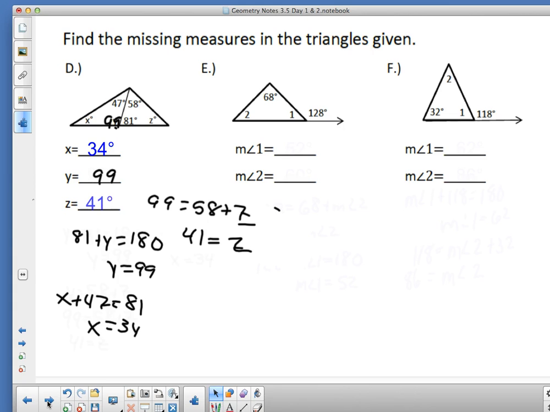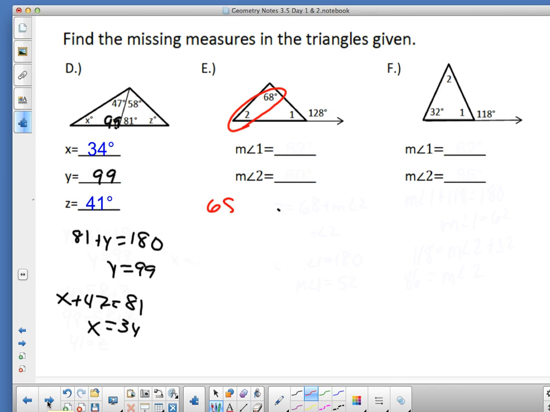Okay, so long way to get there. I'm not sure what my deal was. Are you okay with D? Yes or no? Is it feeling all right? In E, I can find that between 68 and 2, 68 plus the measure of angle 2 is equal to 128. Okay, measure of angle 2 must be 60.